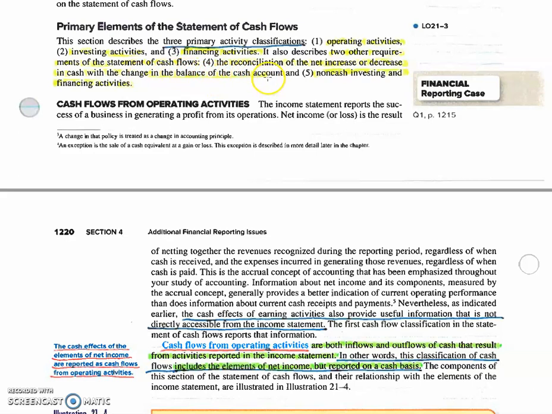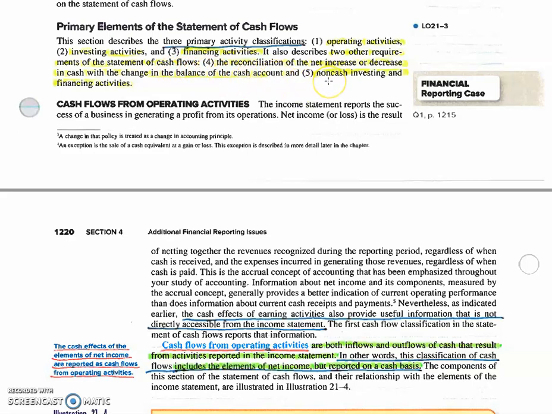And we looked at that. The indirect method does that as part of the statement of cash flows in calculating cash flows from operating activities. In the direct method, you have to provide that as a supplemental disclosure.